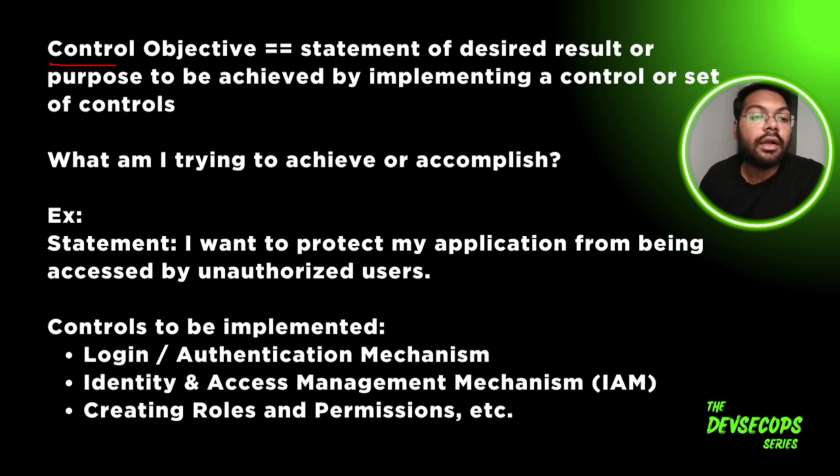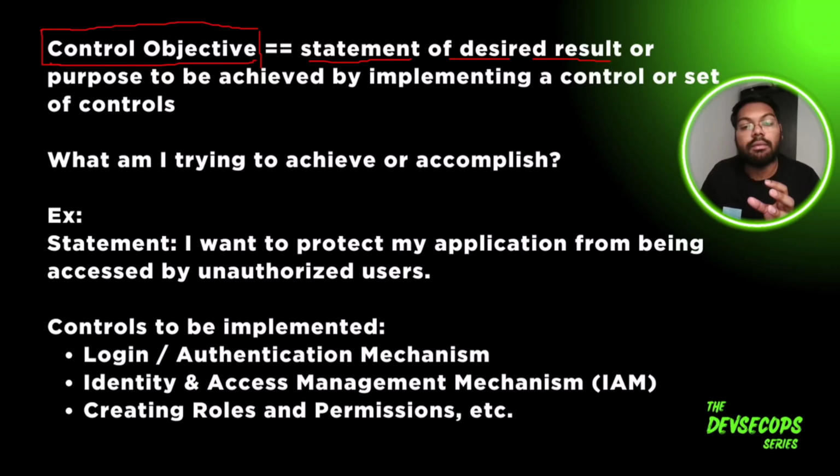Now next is a control objective. Okay, so if we are trying to apply any security controls, then what is the objective of using those security controls? So objective means a statement of desired result. Okay, if I apply a firewall, I think that applying this firewall will make my network secure, my application's network secure.